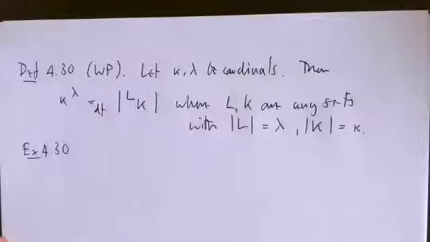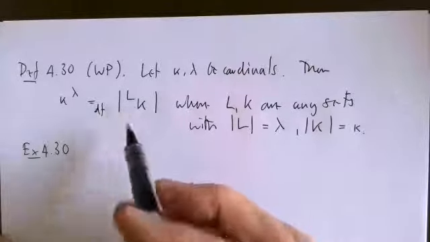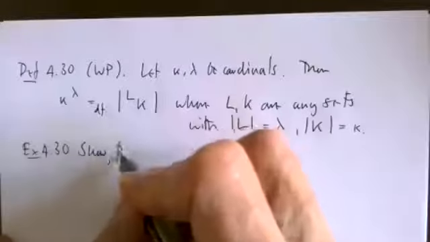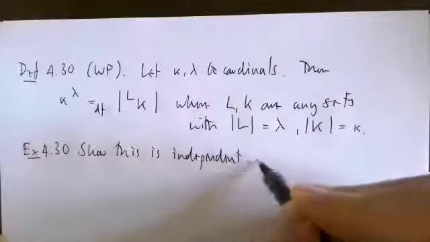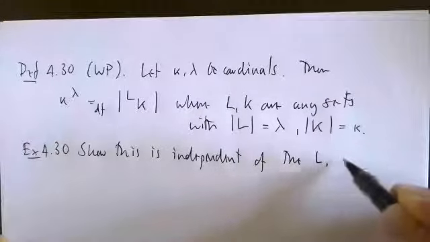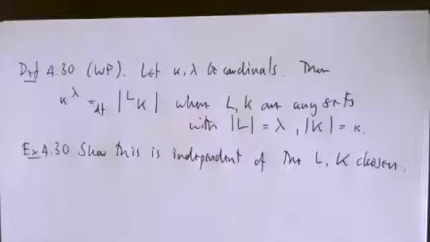So exercise 430 says, show that this definition doesn't depend upon the L and K you choose. So the point there is, if you take another pair, K prime, L prime, with the same cardinalities, this shouldn't be making any difference to the result.